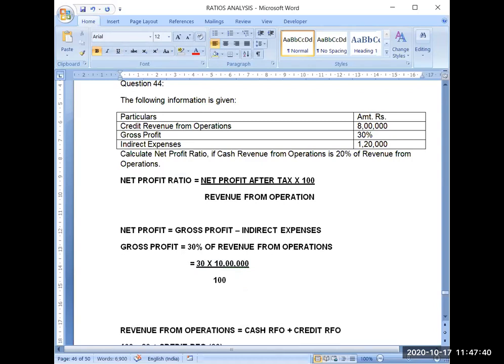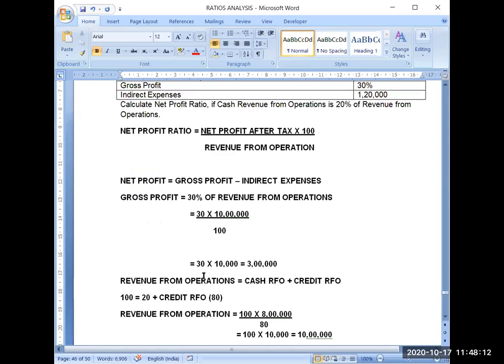And that's why it will be equal to, if you will solve it, 2 zeros will be removed from there. So it will be 10,000 multiplied by 30. And that's why our gross profit will be 3 lakh. Now I got the gross profit. I can calculate net profit also.